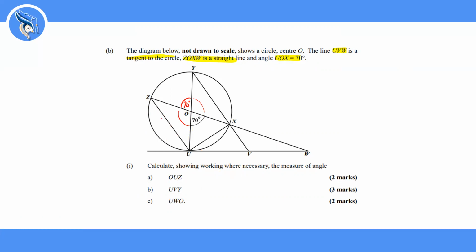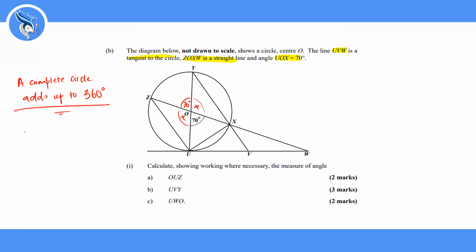Now, a complete circle adds up to 360 degrees. So a complete turn is 360 degrees. And we're going to use this to figure out some stuff. We have 70 here. We have 70 here. I'll label this X and this X because they're the same. Opposite angles are the same, right?